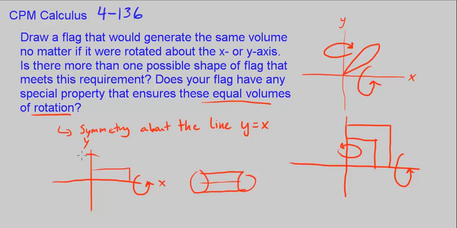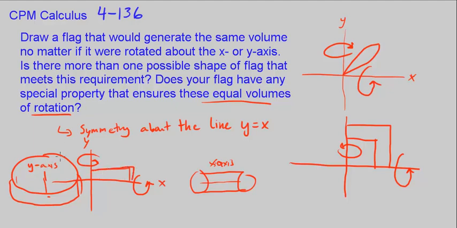And then when you rotate it about the y-axis, it's going to be a big round cylinder, something like this. I'm trying to draw three-dimensional. So this is what it would look like about the y-axis, and this is the x-axis. You could find a rectangle with dimensions that are going to have the same volume.